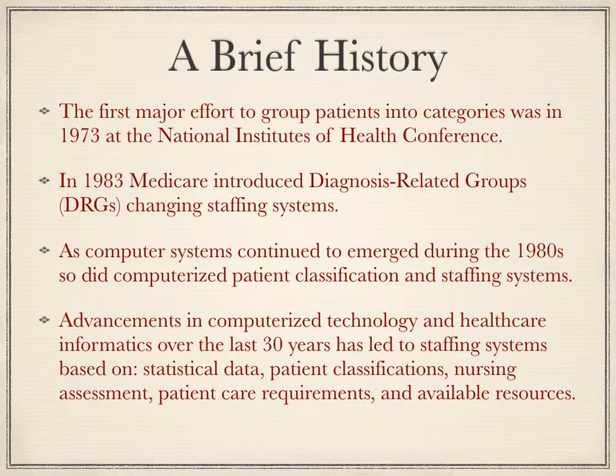Advancement in computerized technology and healthcare informatics over the last 30 years has led to staffing systems based on statistical data, patient classifications, nursing assessment, patient care requirements, and available resources. Many modern computerized staffing systems rely on data mining tools to analyze enormous amounts of individual patient information that is used to determine individual patient acuities and the combined acuities of a group of patients within each nurse's patient assignments per shift.